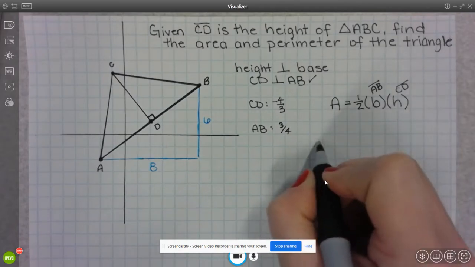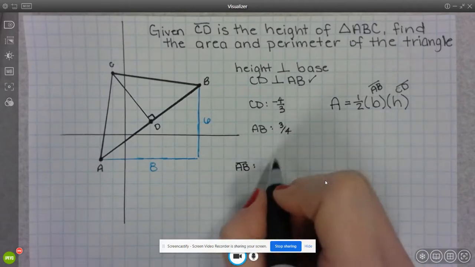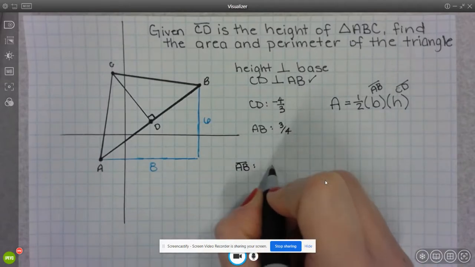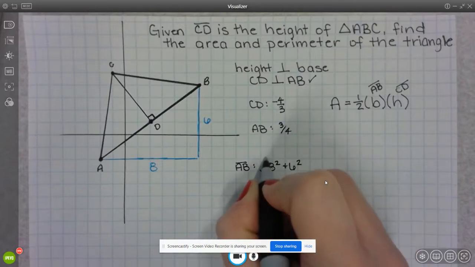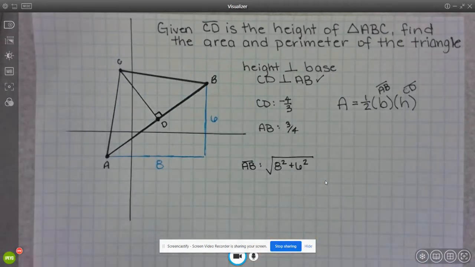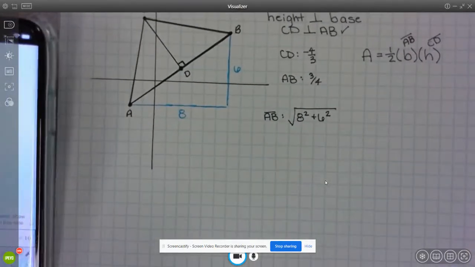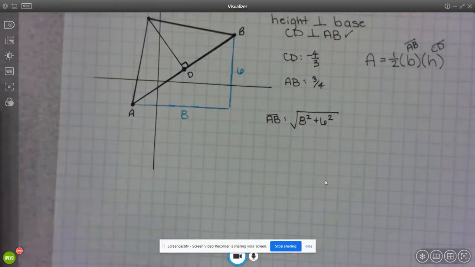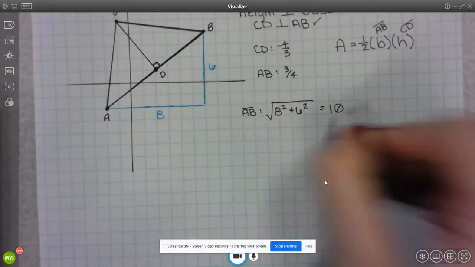So for line AB, I'm going to do this over here. I have 8 squared plus 6 squared, all under the square root. Grabbing my calculator really quick. Square root of 8 squared plus 6 squared. Now this just happens to be a perfect square because it will be the square root of 100. So this is 10.